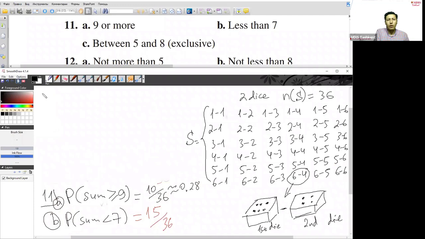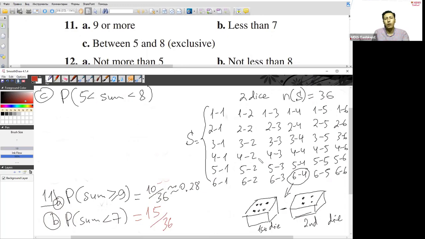Okay, next, number 11C. Probability of getting sum between 8 and 5, exclusive. Exclusive means you exclude 5 and 8. You don't include 5 and 8, so you don't put an equal sign here. If it was inclusive, then you put equal here.